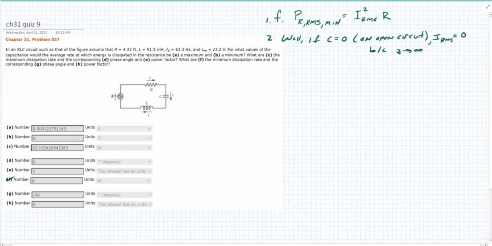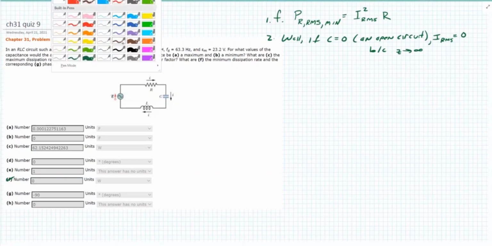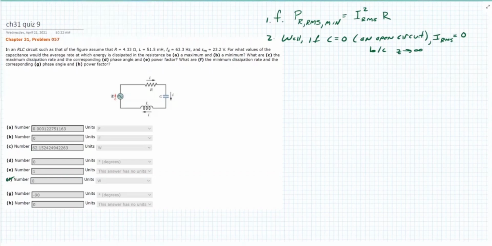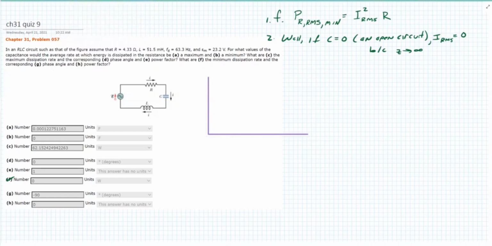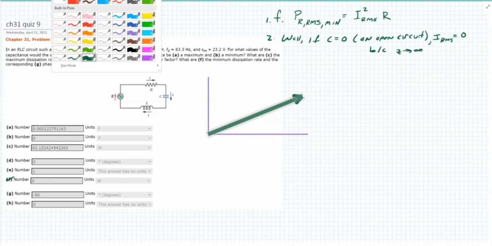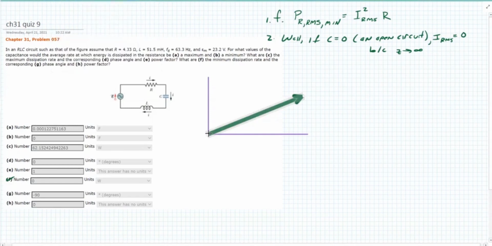G, phase angle. This is different. All right, so for the umpteenth time, let's draw a phasor diagram. At some arbitrary point in time, here's my voltage drop across the resistor. Here's my voltage drop across the inductor, something like this, Eli, thanks to Eli.